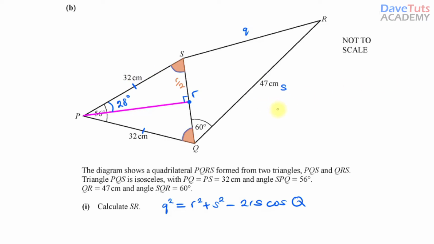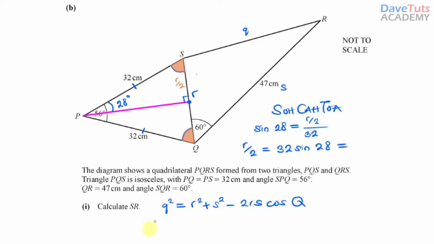From SohCahToa, the one relating opposite to hypotenuse is sine. So sine 28 is equal to the opposite side, R over 2, over the hypotenuse, which is 32. So I can solve for R over 2 to say R over 2 is equal to 32 sine 28.